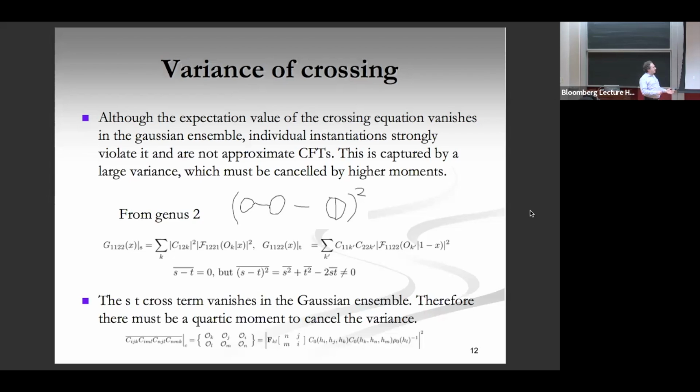In the Gaussian ensemble, this side squared has a contribution from this genus 2 wormhole, so does this side squared, but there's no cross term because the index structures don't contract between something contracted this way and something contracted that way. So you find some big answer for the variance of crossing.